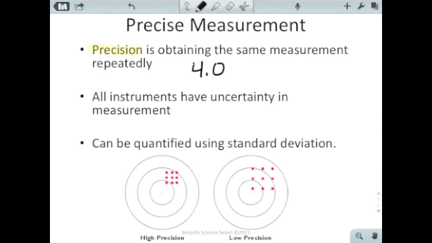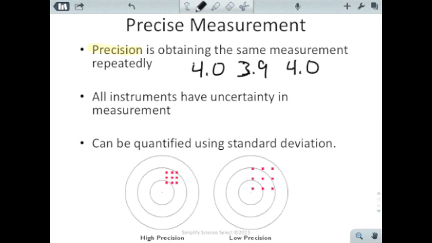But if we took that same 5-gram sample, took it off the balance, re-zeroed the balance, and put it back on, and say we got 3.9. Okay, it's still not 5, but we take it back off, we re-zero the balance, and we put it back on again, and say we get 4.0.